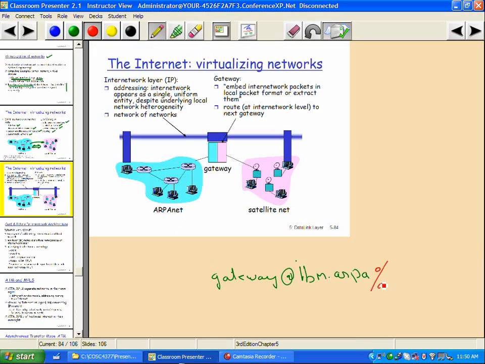You put a percentage sign or some special thing, and then within that, I want to send it to AB at IBM.bitnet or something like that. So there's no internet right now. There's ARPANET and there's bitnet. So you send a message to the gateway. You can send that because the gateway is connected to both the networks. Basically telling him, when you get this message, if you see percentage, please forward it to the following network and the following thing. So it was obviously very ugly and inconvenient.